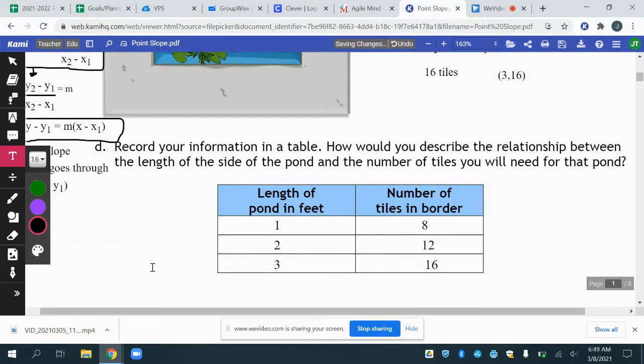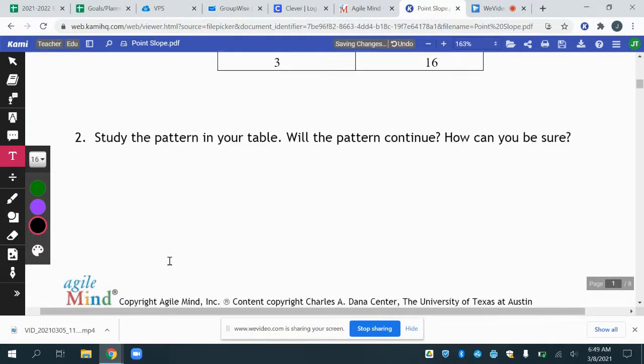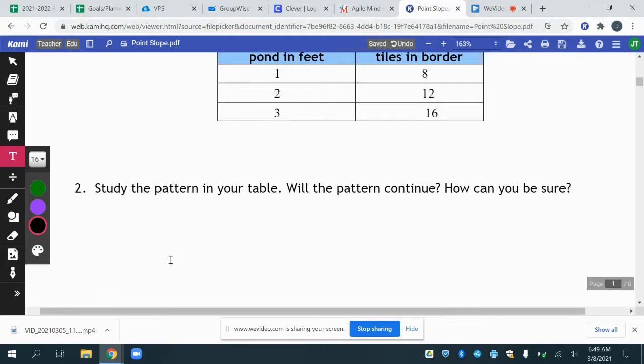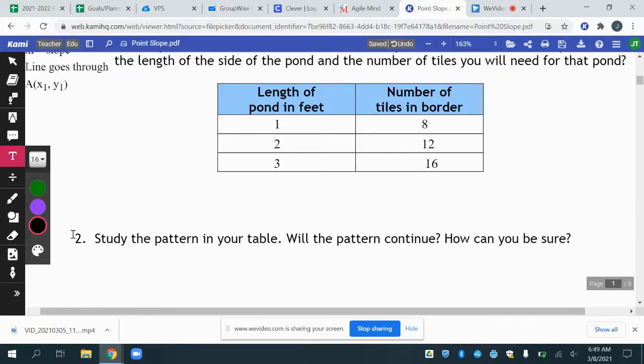Okay, study the pattern in your table. What pattern will continue? Well, this goes up by 1 every time. Hopefully that makes sense. This goes up by 4 every time. That's the slope.